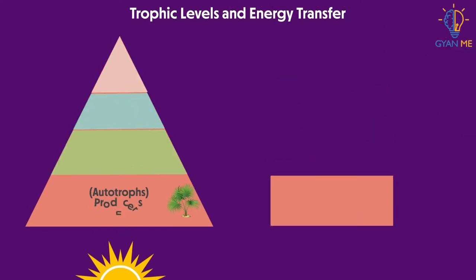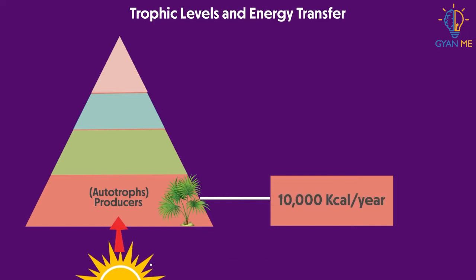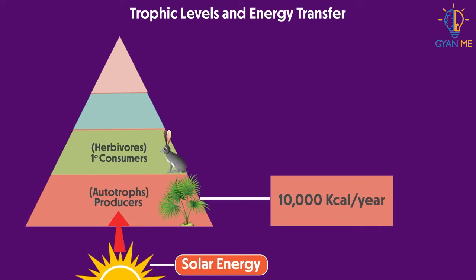Green plants, which form the first trophic level, let us say convert 10,000 kilocalories of solar energy to chemical energy per year, that is in 1 year. They generate 10,000 kilocalories of energy. When herbivores eat these plants, only a fraction of this energy gets transferred to them.